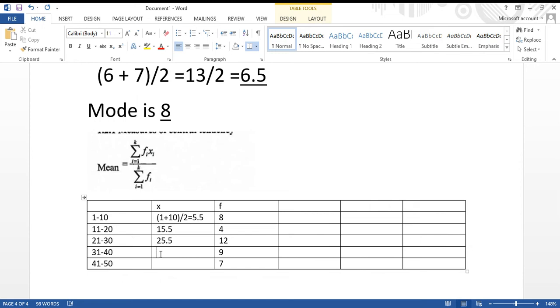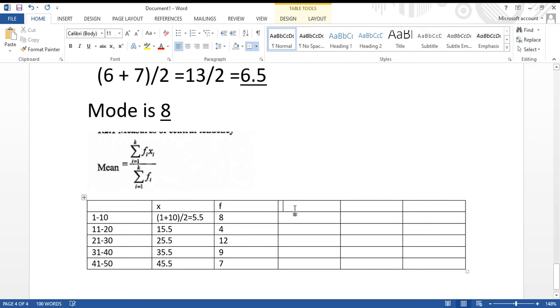Divided by 2, we get 35.5. And the next one, 41 plus 50, we get 91 divided by 2, 45.5. So we found the midpoints of each class.